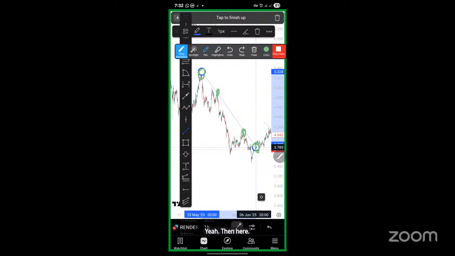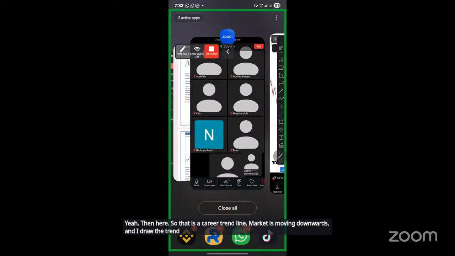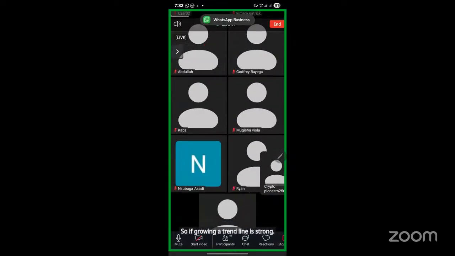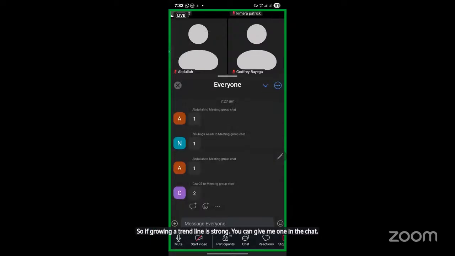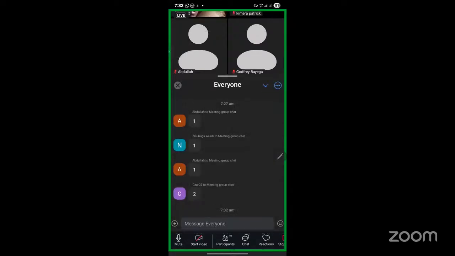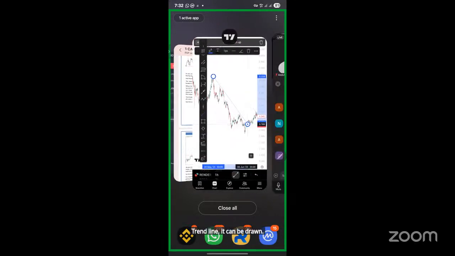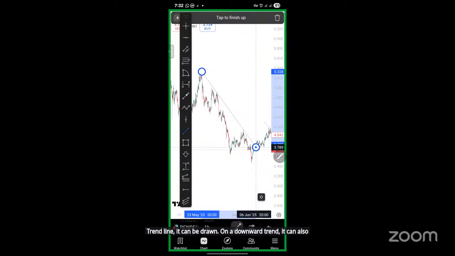So that is a clear trend line. The market is moving downwards and I draw the trend line in that way. If drawing a trend line is easy, you can give me one in the chat. A trend line can be drawn on a downward trend. It can also be drawn on an upward trend.